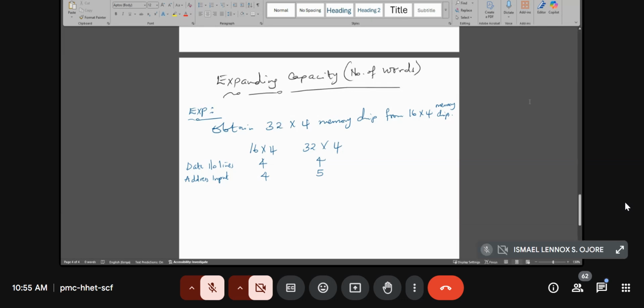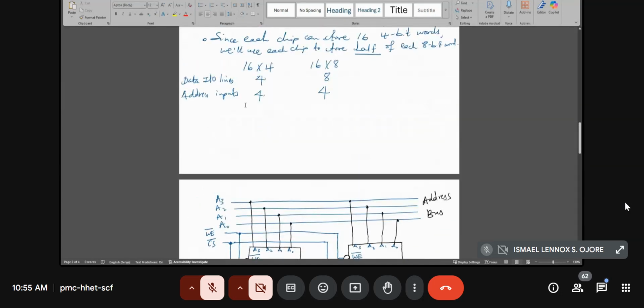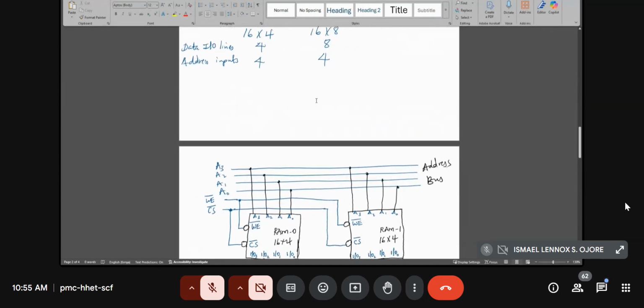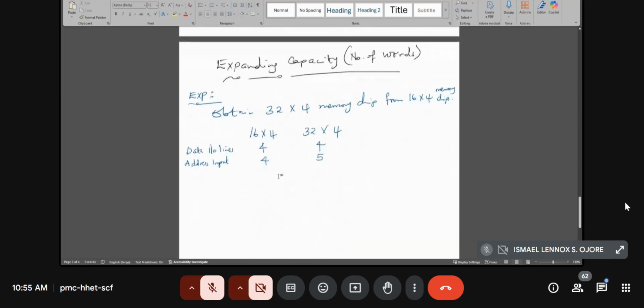So we can see, it's kind of the opposite of this, where the address inputs were constant, but the data input output lines changed. But in this case, it is the address inputs which are changing, which of course is the case because we are increasing the number of memory locations. The hope is we understand where these figures are coming from.